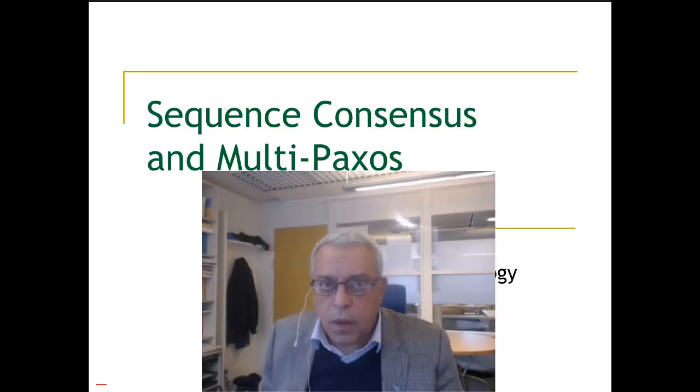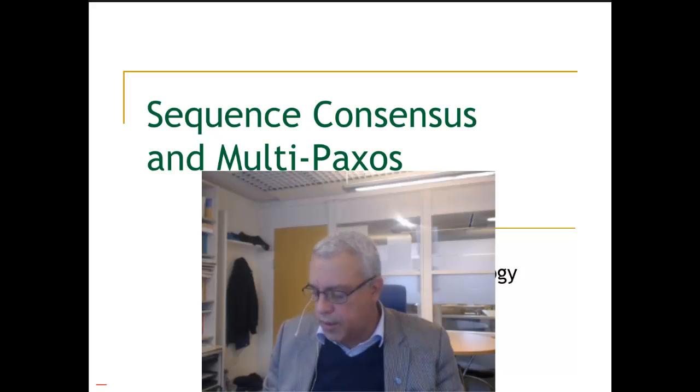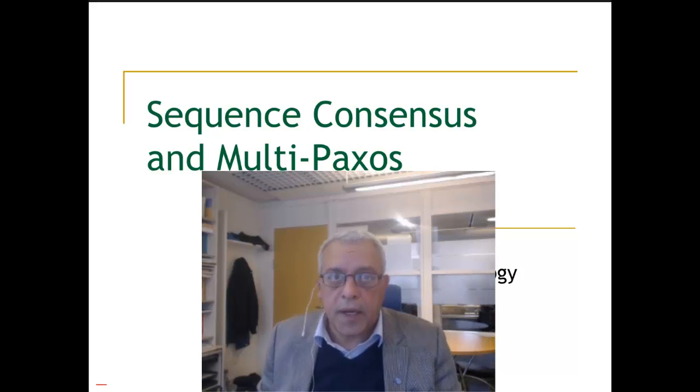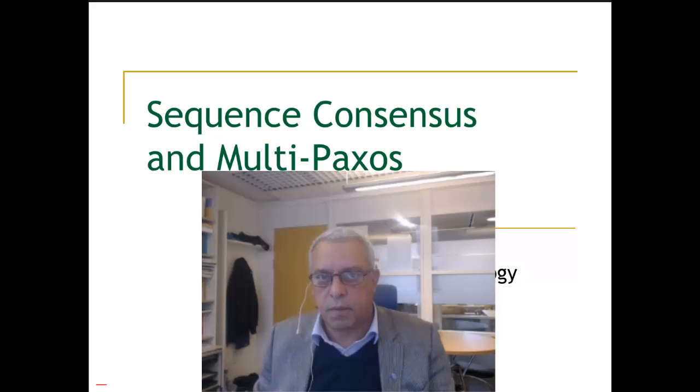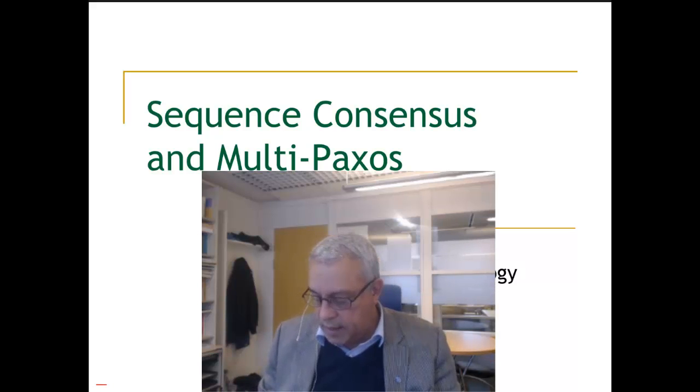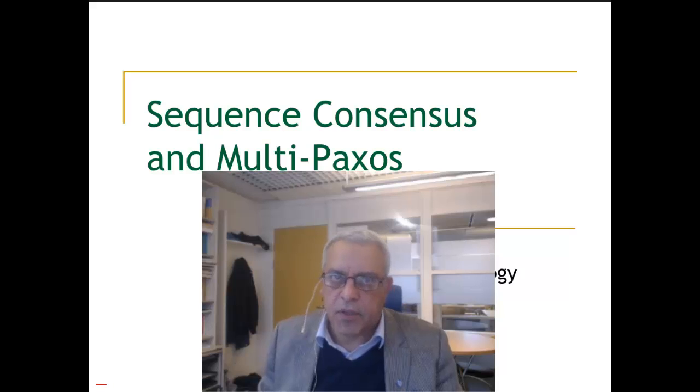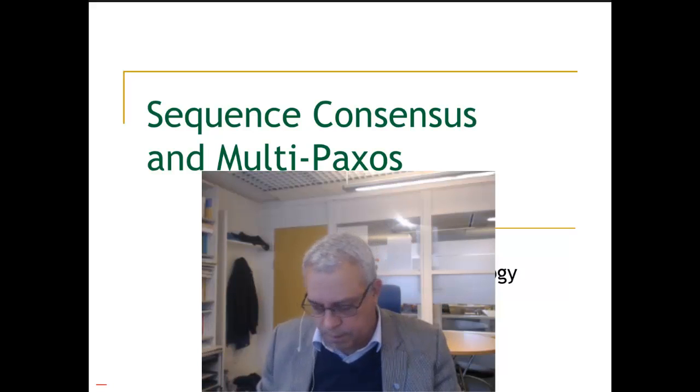So the goal of these units is to show a relatively complete and efficient algorithm for sequence consensus that is easy to understand, and we call this algorithm Sequence Paxos. Sometimes it's called Multi-Paxos, but this is a variant of Multi-Paxos that's called Sequence Paxos.